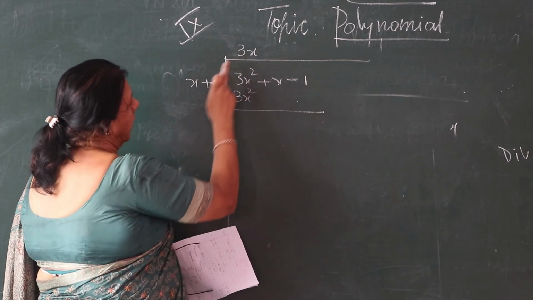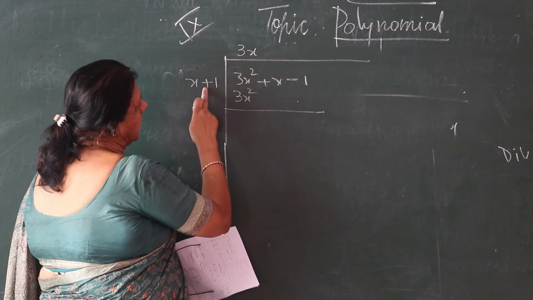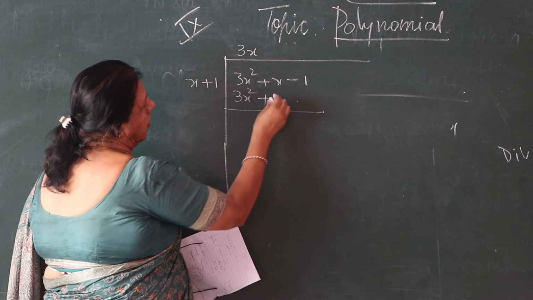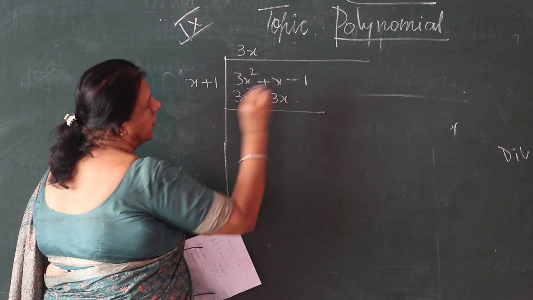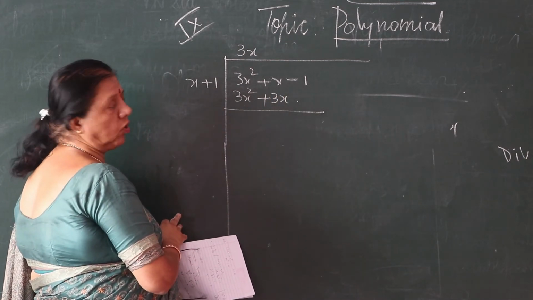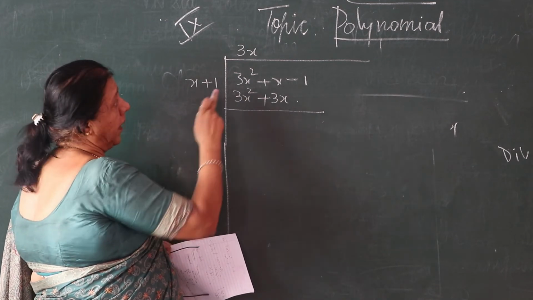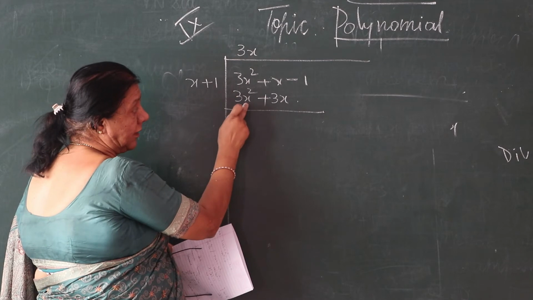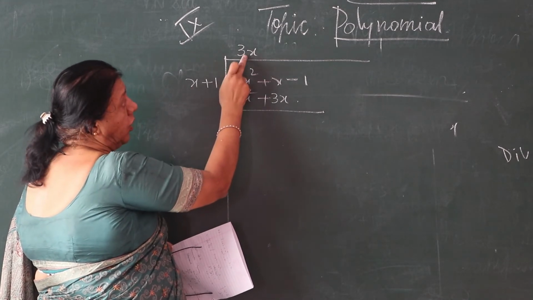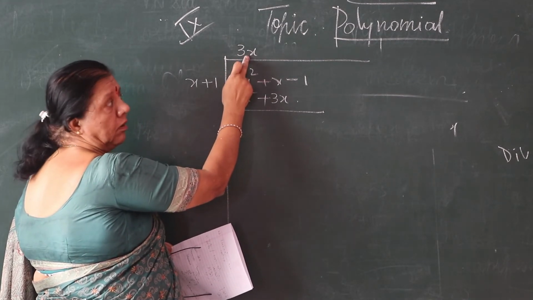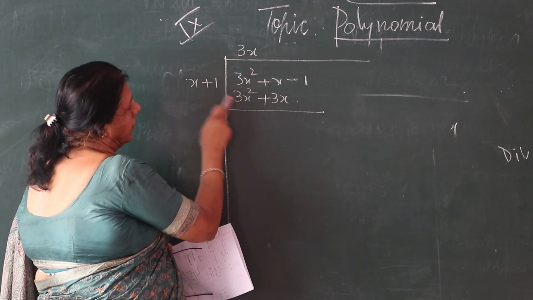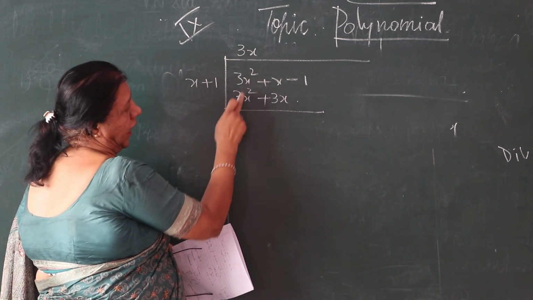Okay. Now plus into plus, 3x into 1, 3x. Okay, children. Now once again you multiply. This is as a quotient. We have to get 3x square. That term only you have to select as quotient. 3x into x, 3x square. Both are same.